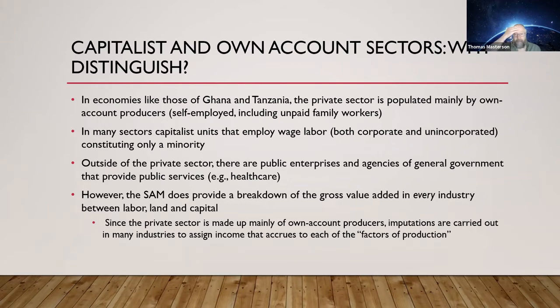The standard SAM has value added, as you'll remember from Martine's exposition of the social accounting matrix yesterday, and it's broken down into labor, land, and capital. For the own account sector, we're going to impute all of that income to households. That's the basic idea. We're going to be doing these imputations to assign that income.